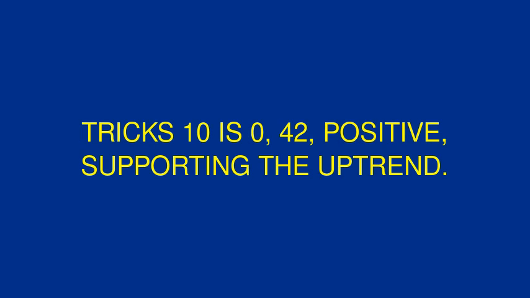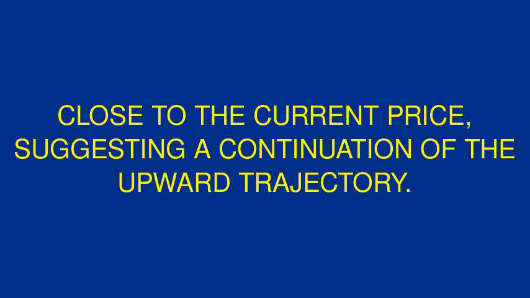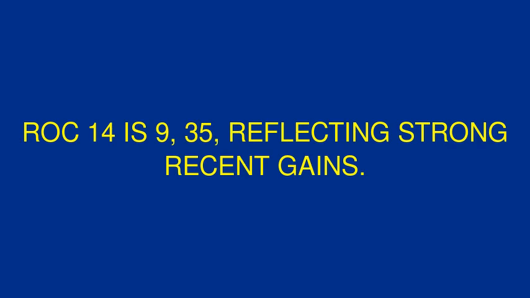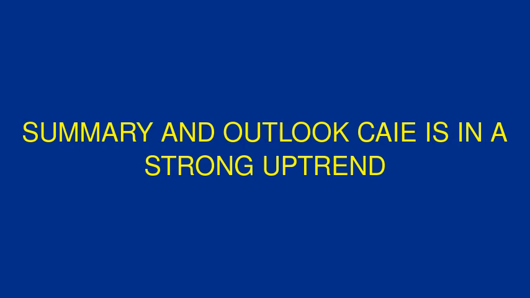TRIX 10 is 0.42, positive, supporting the uptrend. TSF 14 is 18.23, close to the current price, suggesting a continuation of the upward trajectory. APO is 0.41, indicating short-term averages are above long-term averages, a bullish sign. ROC 14 is 9.35, reflecting strong recent gains.